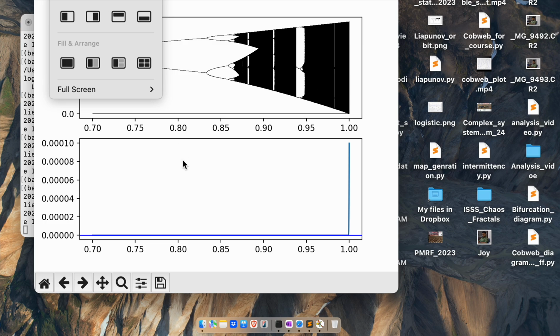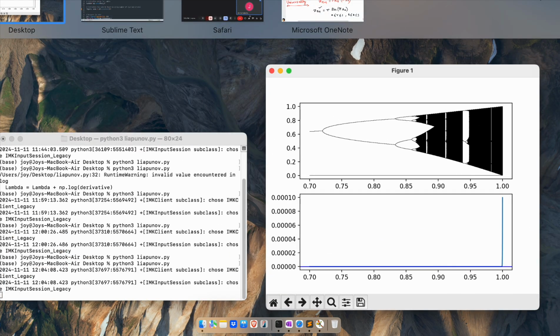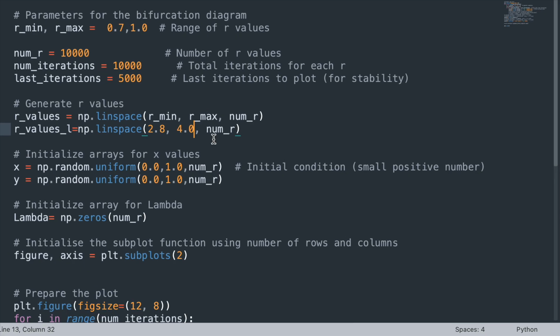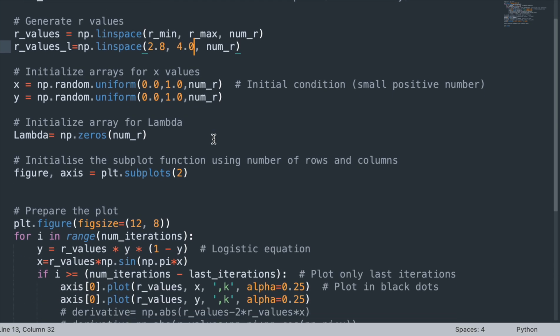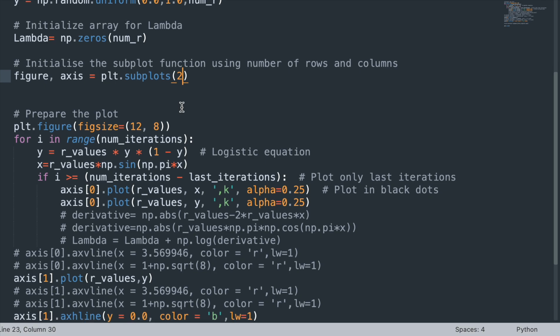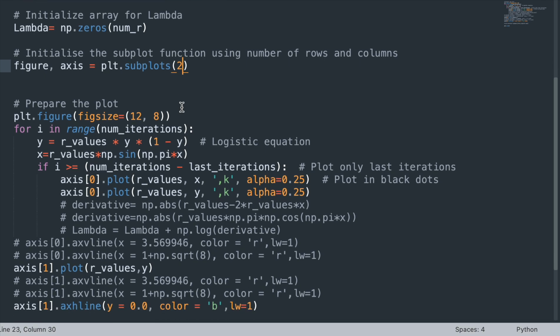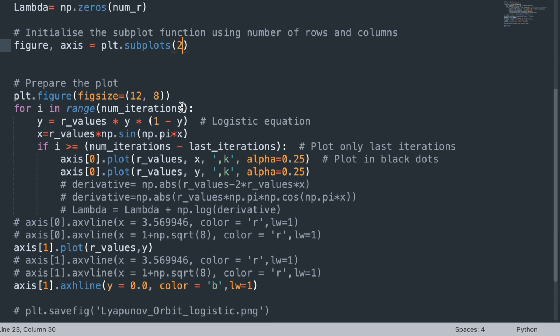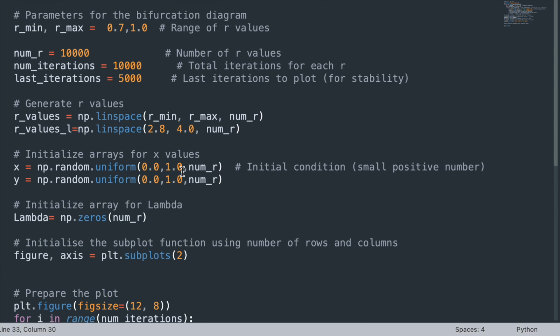This is not showing. I don't know why it is not showing. Okay, these are values.